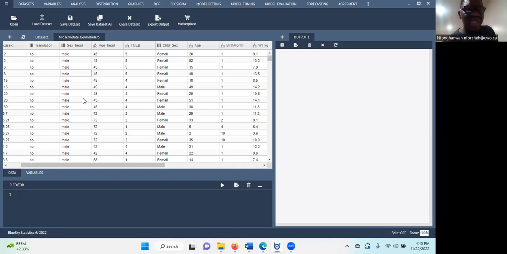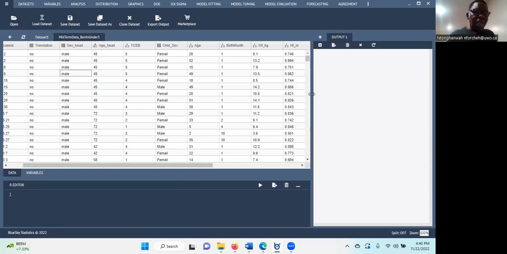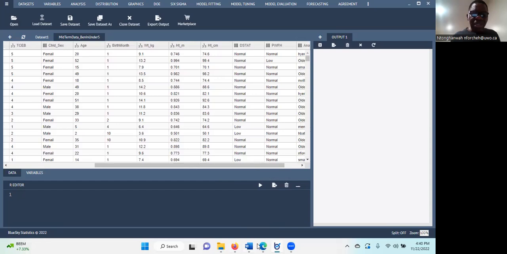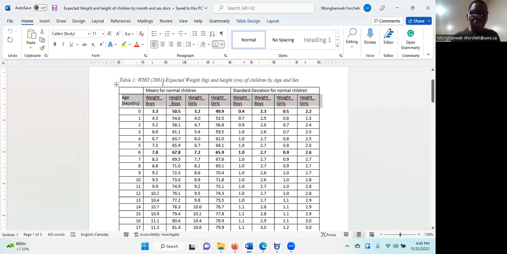Now, if you look at the data, we've used it before, and it's used to determine whether children are growing normally or whether there may be malnourishment going on. As we know, malnourishment is measured by a number of factors. The starting point is that WHO publishes the expected weight and the expected height of children by age and sex.